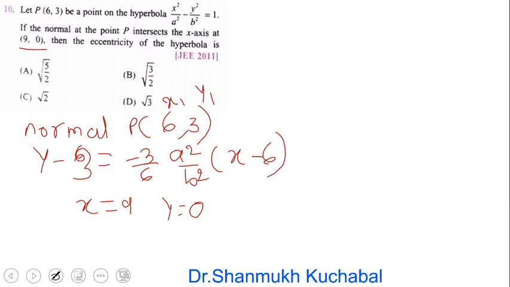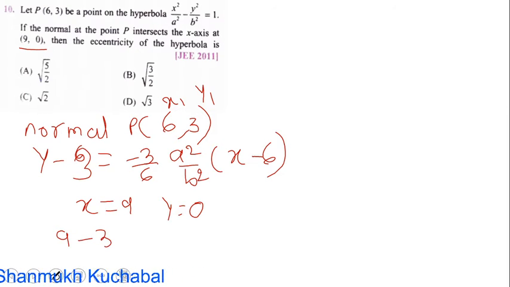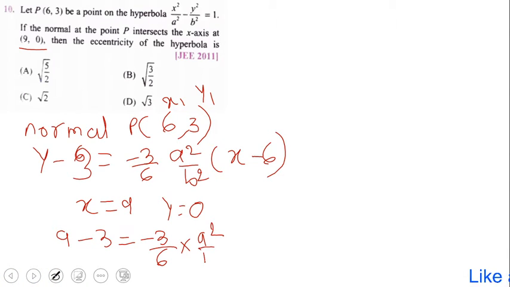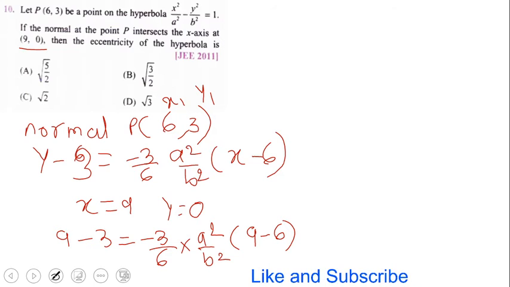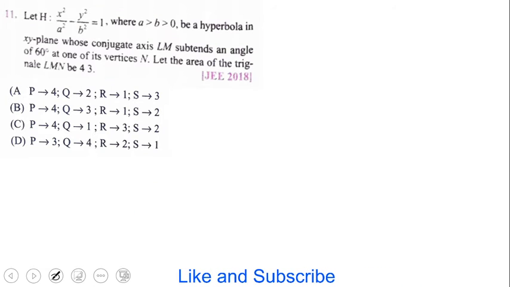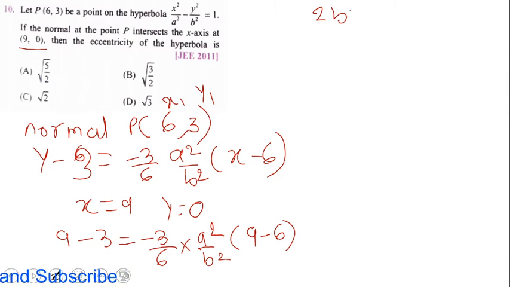So we are going to get, x as 9, 0 minus 3 equal to minus 3 by 6 into a square by b square. So it is 9 minus 6 here. So we have to simplify this one. So we will get the value as 2 b square equal to a square.